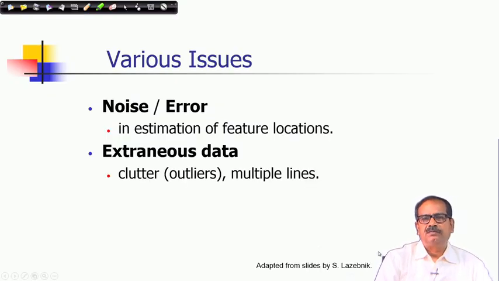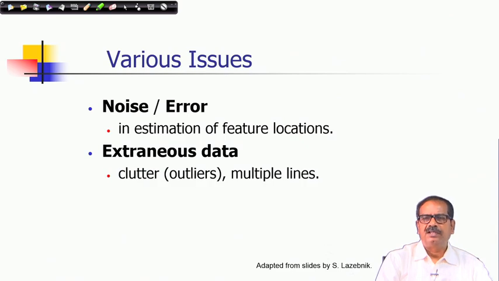There could be some data which is not generated by the process which will fit the model. So, they are called clutter or outliers. Say you are assuming that between the corresponding points of two images there exists a homography, and you know that a planar scene induces a homography.